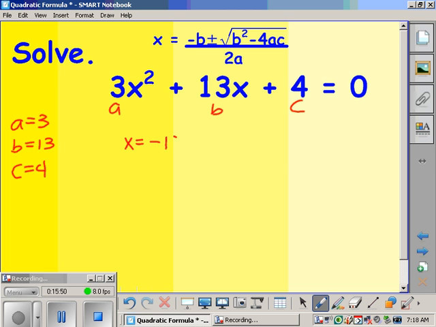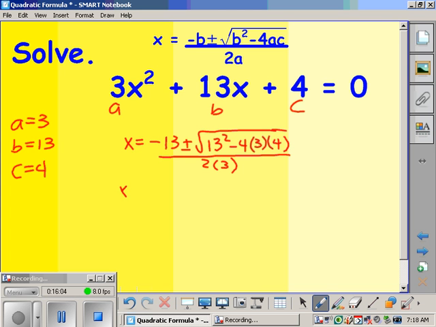So we have negative B, so negative 13, plus or minus the square root of B squared, 13 squared, minus 4 times 3 times 4, divided by 2 times 3. So we have negative 13 plus or minus some square root over 6 this time. So notice the denominator is not 2 because we actually have a value of A that's not 1.